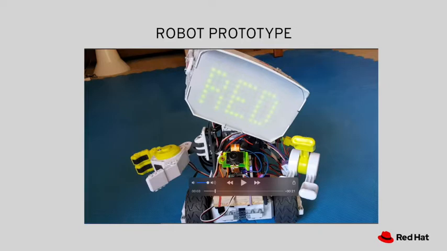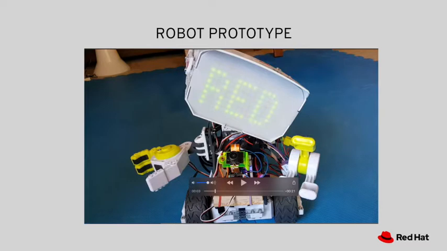I actually added a Linux-based single-board computer on it with a camera and also a laser pointer. You can see that its face is actually an LED display. You can display the happy face, sad face, or any face that you want, and it can also display text on it. It's a really impressive looking robot.